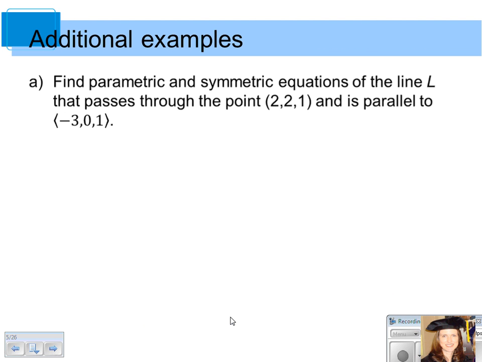Here's an additional example. Find parametric and symmetric equations of the line that passes through the point 2, 2, 1 and is parallel to the vector negative 3, 0, 1.